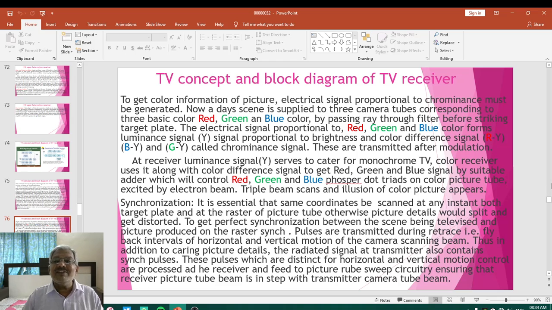Those synchronizing pulses are used to synchronize the communication between transmitter and that of the receiver, so as to produce an exact replica of the picture information on the television screen as it is scanned by means of a camera in the transmitter.